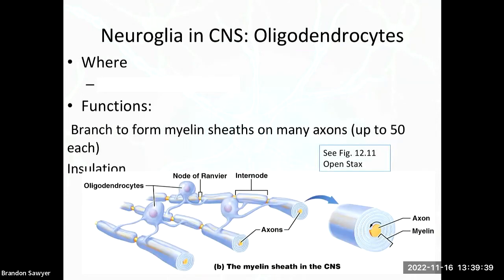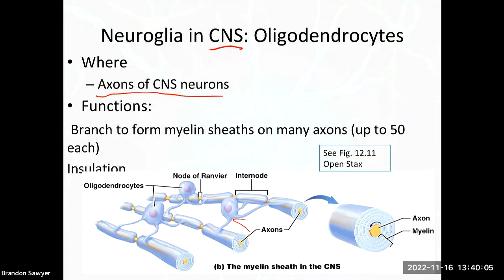Okay. All right. And now we move to the ones we find in the CNS, the central nervous system. These ones are called oligodendrocytes. We find these on the axons of CNS neurons. These are just like the Schwann cells because they create myelin, but they do it in the central nervous system instead of the peripheral nervous system. And they're different because they branch out and connect to a bunch of neurons at the same time, whereas the Schwann cells are just wrapping around one axon at a time.